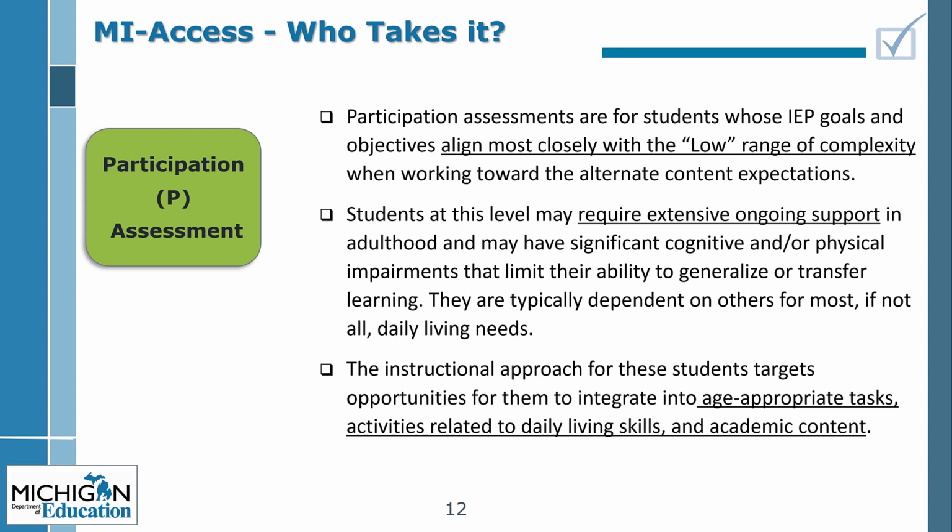They are typically dependent on others for most, if not all, their daily living needs. The instructional approach for these students targets opportunities for them to integrate all age-appropriate tasks and activities related to daily living skills and academic content.